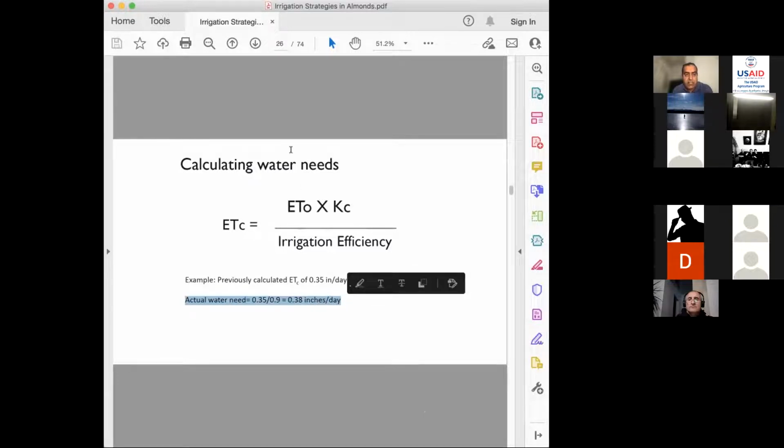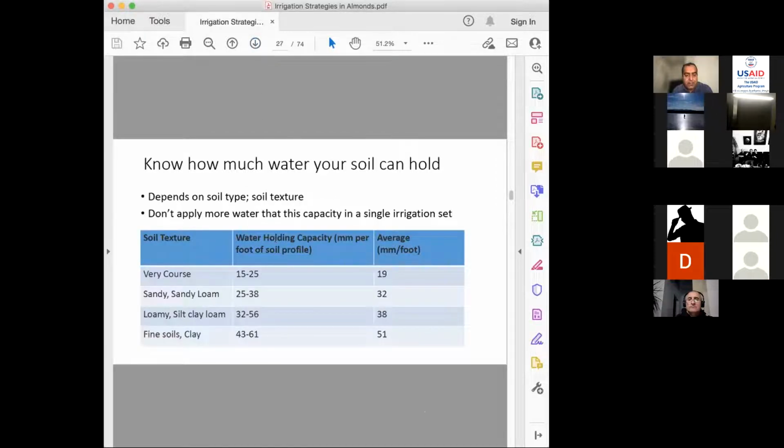I calculated in inches per day, but you can easily convert it to megaliters or 1,000 liters. Okay. This is the average water holding capacity, the chart to guide you on how much water every foot of your soil can hold. I just converted this to mm per foot of the soil profile. Very coarse sandy soils can hold 15 to 25 millimeters for every foot of the soil.